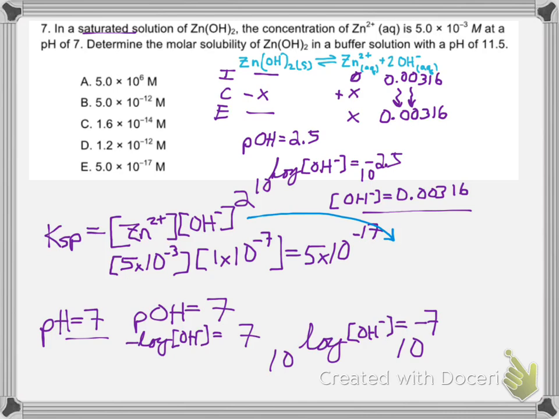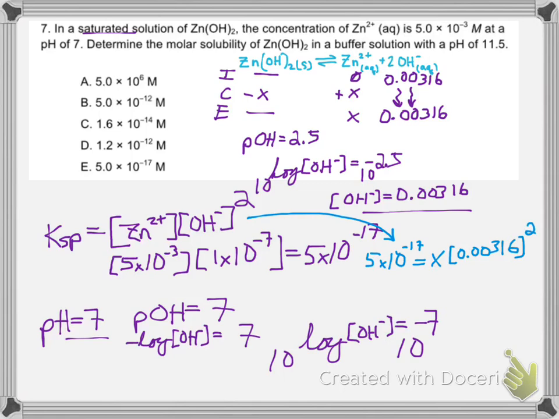So we have 5 times 10 to the negative 17th, which I unfortunately just drew an arrow through. And that equals X, that is our zinc concentration at equilibrium, times the hydroxide, which we know is 0.00316 squared.